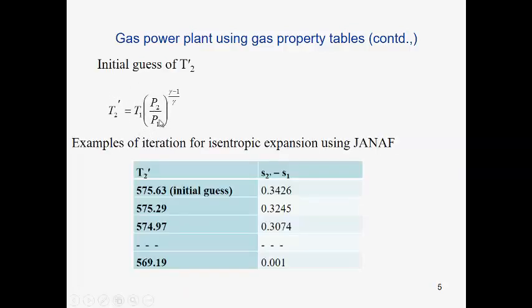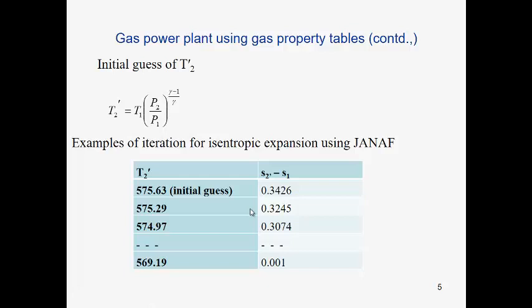Initial exit temperature can be assumed from the basic thermodynamics, that is T2 dash by T1 is equal to P2 by P1 to the power gamma minus 1 by gamma. So the initial temperature here, for a typical assumption, is 575.63 Kelvin. After substituting this temperature, delta S can be determined, that is equal to 0.3426.